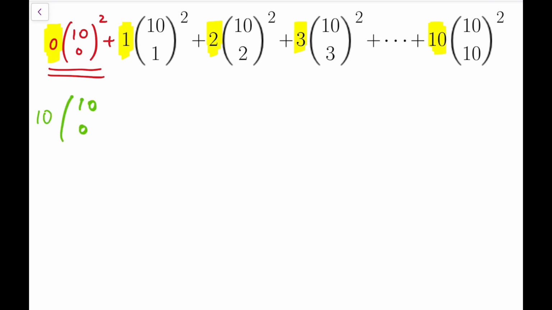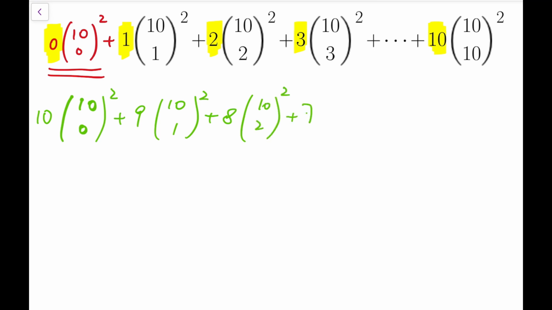For 10 choose 0, I'm going to go for 10 to be the coefficient, and for 1, I'm going to go for 9, and the coefficients start to decrease. 8 times 10 choose 2 whole squared, 7 times 10 choose 3 whole squared, adding all the way up to 0 times 10 choose 10 all squared.